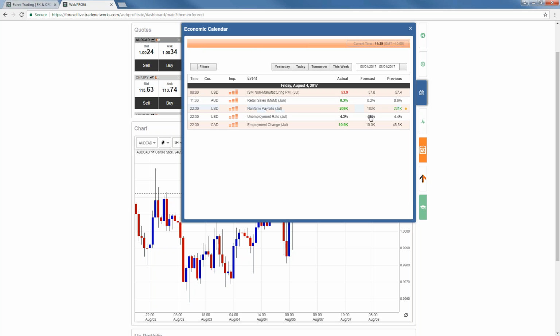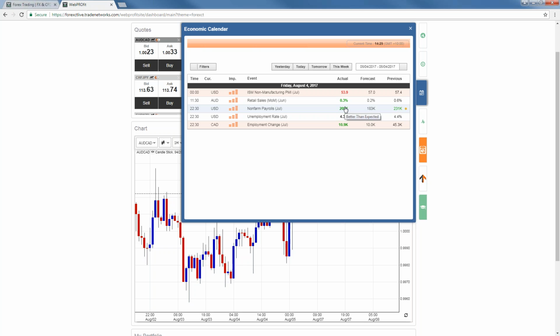Now, when you get figures like that, better than expected numbers, particularly on employment, GDP, inflation, interest rates, that sort of thing, generally it's taken as bullish for the currency. The reason being is that if you get higher than expected job numbers on the non-farm, or bigger employment being created, then that's seen as quite bullish for gross domestic product or economic growth, in other words, for that country, which is likely to stem investor confidence in that particular currency and that nation, because obviously the output could be greater.